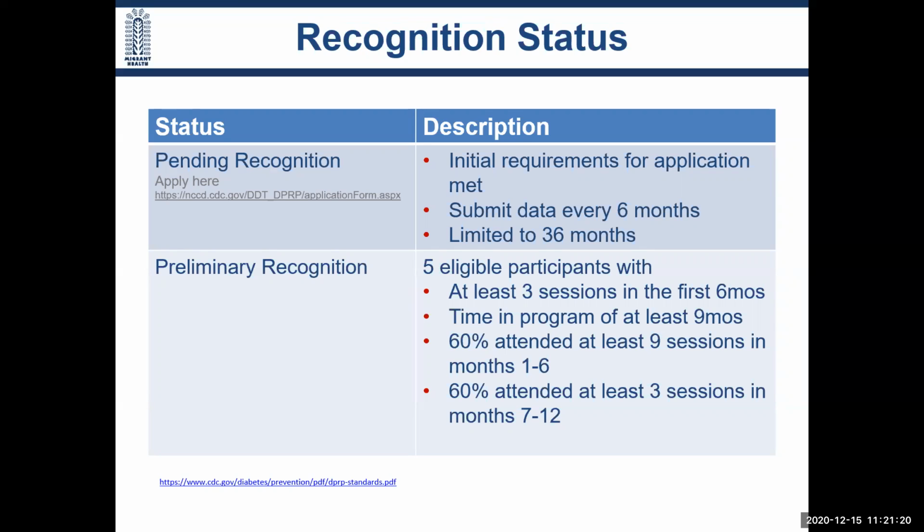And then they have to have 60% attendance in the core phase as well as the core maintenance phase. For the core phase in that first 6 months, they have to have 60% attendance in at least 9 sessions. And for the maintenance phase, it's 60% in at least 3 sessions in that second 6 months.